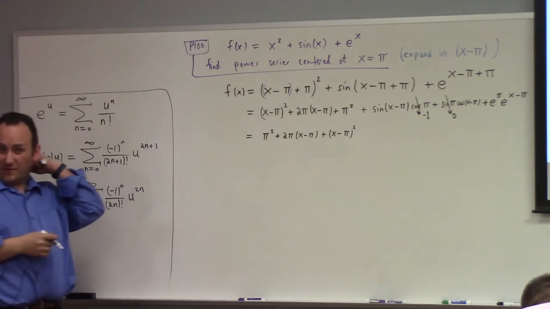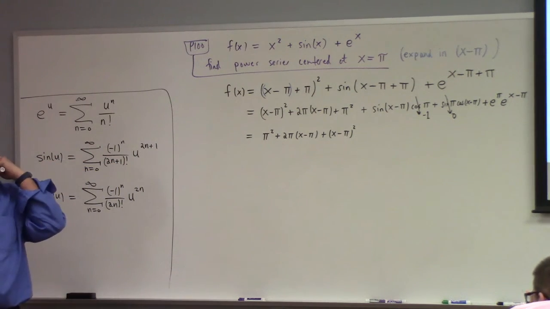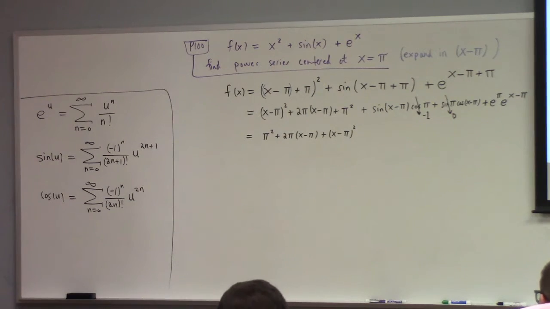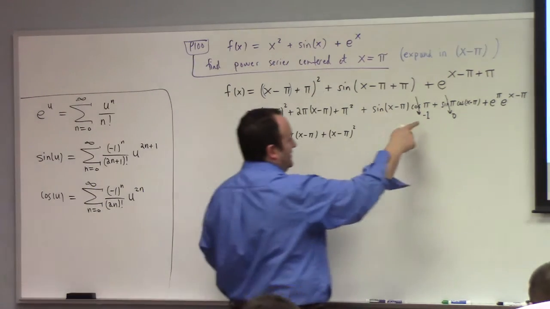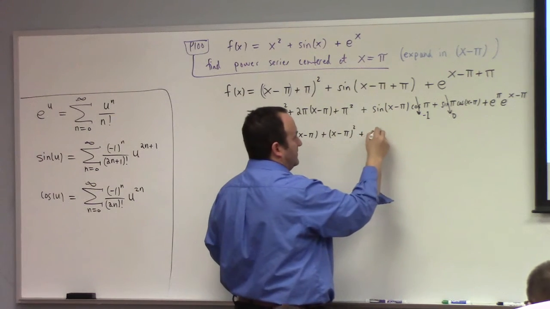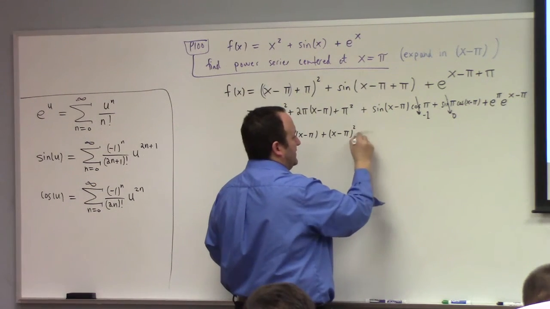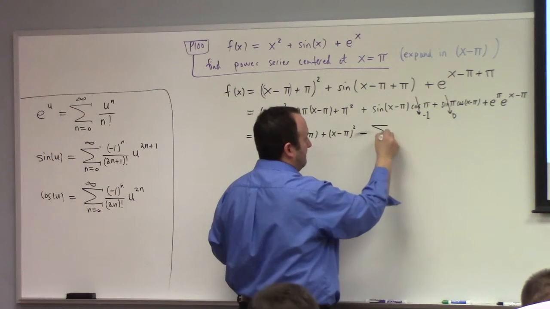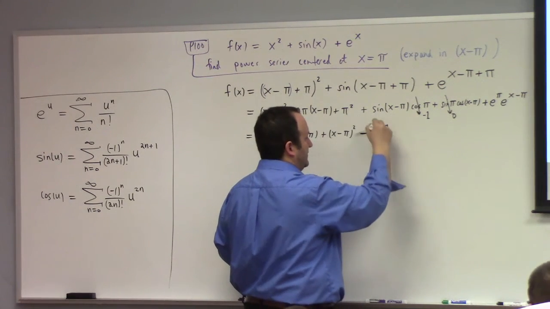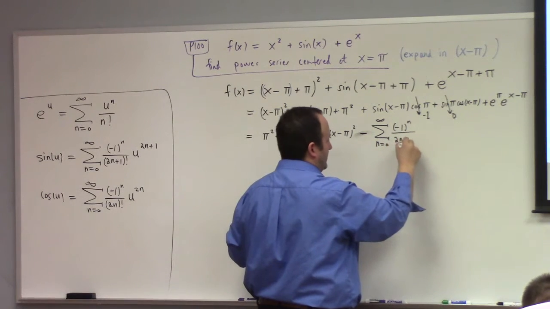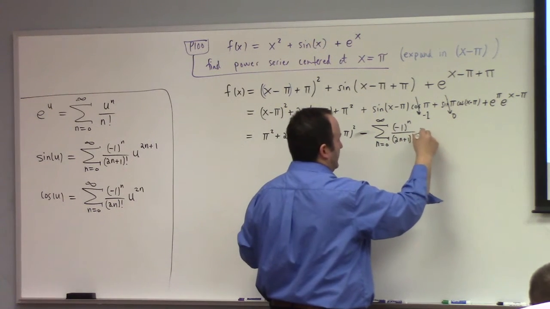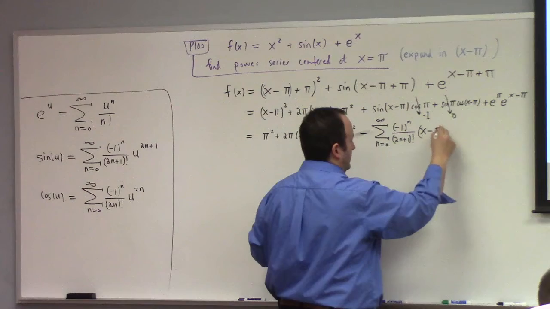Now, again, for problem 100, it's not so nice. You're going to have a cosine of 2 and a sine of 2 in your answer. But here it's minus 1. That's nice. And then plus, well, let's just say minus the sum, n equals 0 to infinity of minus 1 to the n over 2n plus 1 factorial x minus pi to the 2n plus 1.